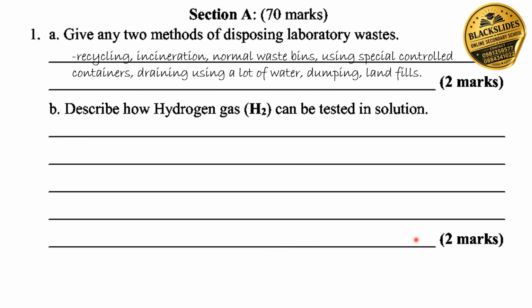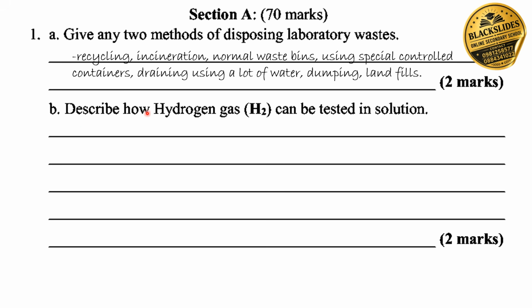Two marks. The two marks come from a statement of what you do, and the other mark will come from the expected result.